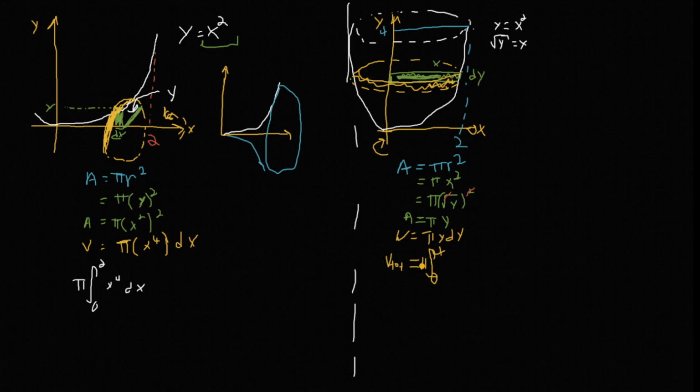And then we're just going to pull out a pi because it is indeed a constant coefficient here. We could just say y dy. And again, we can integrate this because we are brilliant calculus students. We can just use our power rule. But that is it for rotating about the x and y axis.